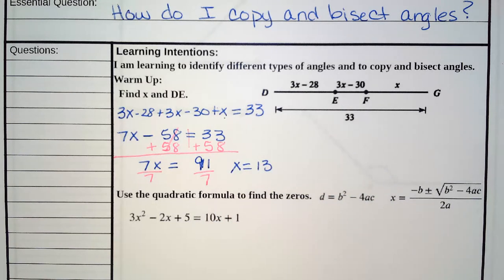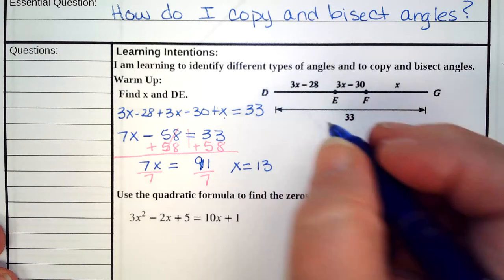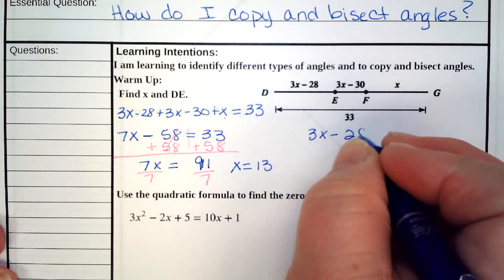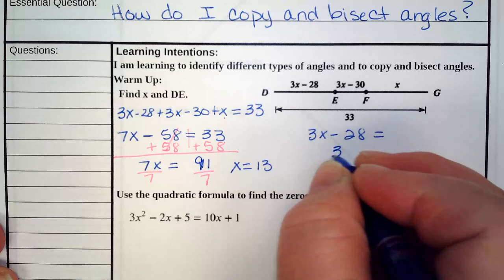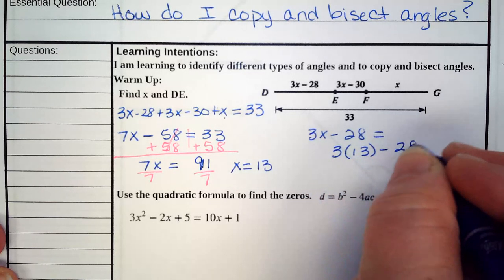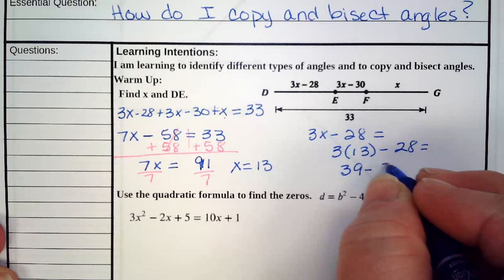Now to find the measure of DE, we have to choose the correct expression. 3x minus 28 is equal to 3 times 13 minus 28. 39 minus 28.